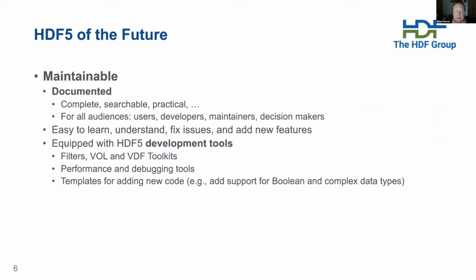There should be an approach to present all functionality in a methodical but also practical way, so it can be easily found, with recipes for how to do things in HDF5. And documentation should exist for all audiences: for our users, for developers, for maintainers, and for decision makers. It will also help to learn the library, understand it, fix issues, and add new features.